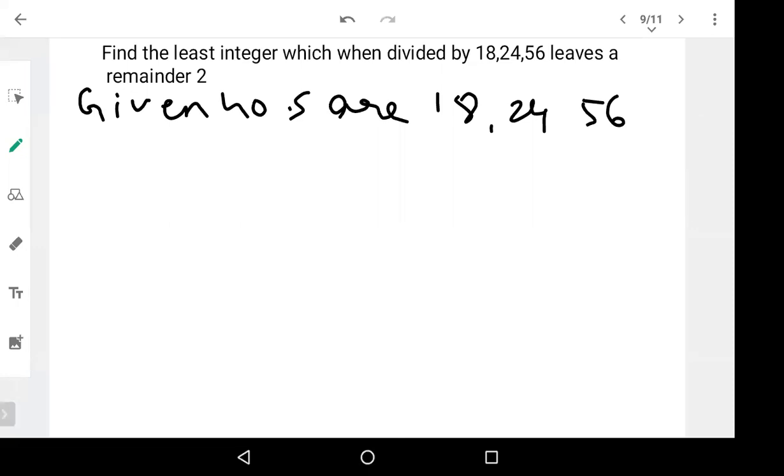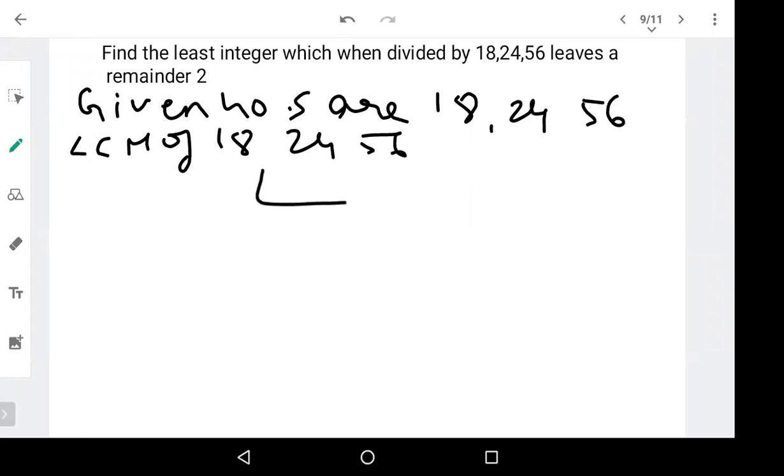Now in LCM, we will first find the LCM and then I will teach you what is to be done with the remainder. So first given numbers are 18, 24, 56. So let us find the LCM of 18, 24 and 56. Can you solve this and tell me the answer quickly?